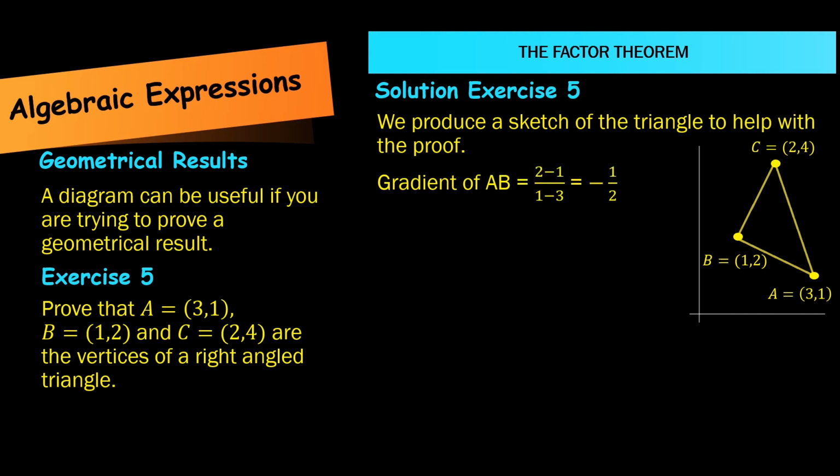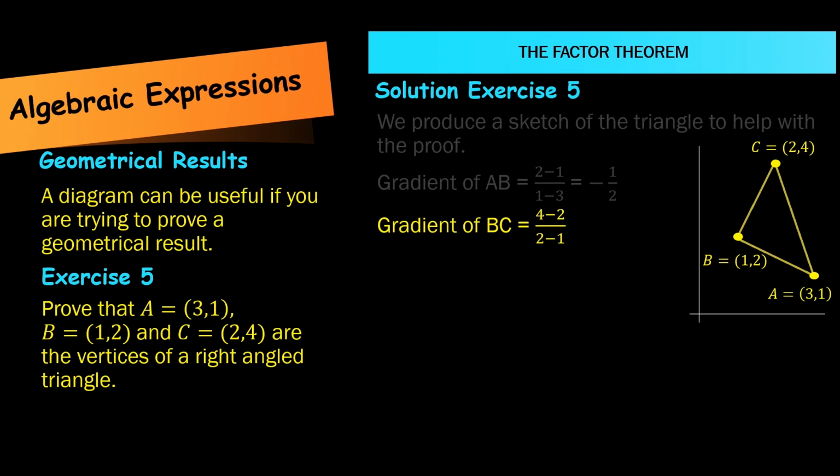The gradient of BC, again, equals change in y over change in x, which is 4 minus 2 over 2 minus 1, which equals 2.